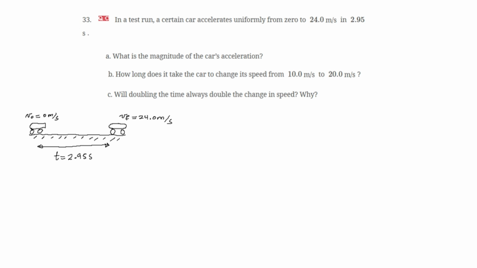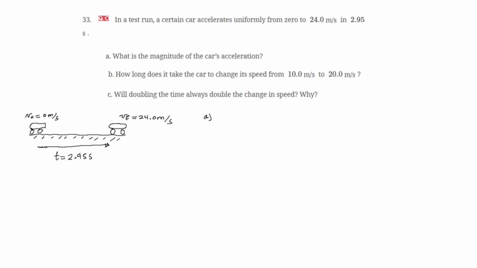The time is not a vector, of course, but time just passes in one direction, so we cannot go back in time. So it takes 2.95 seconds to go from one point to the other. The first thing they are asking here is what is the magnitude of the acceleration of this car.